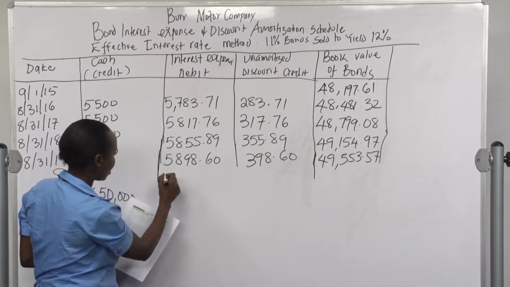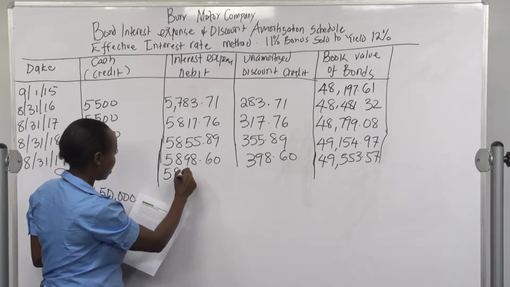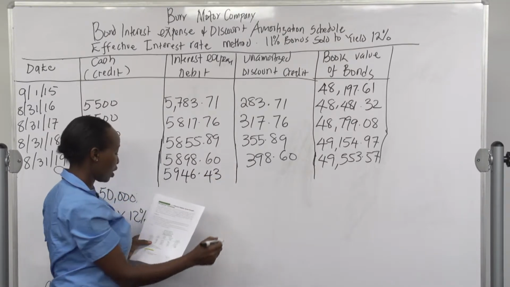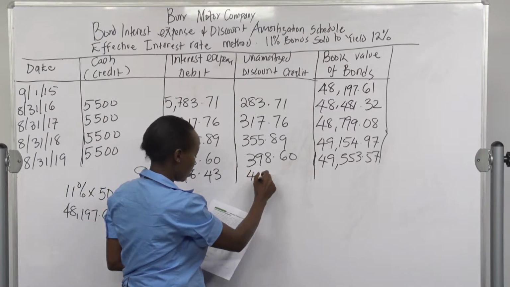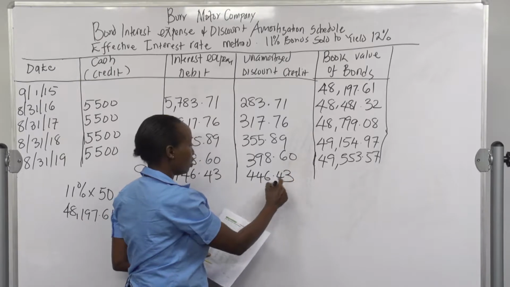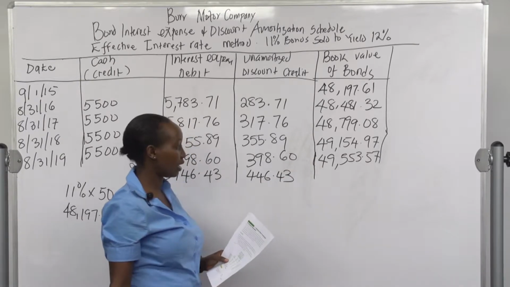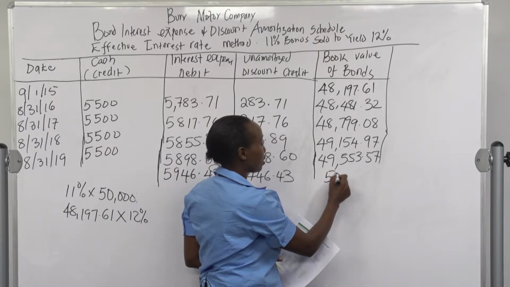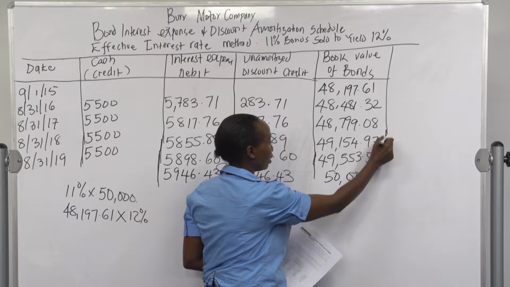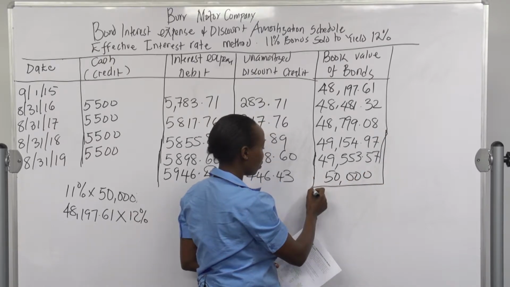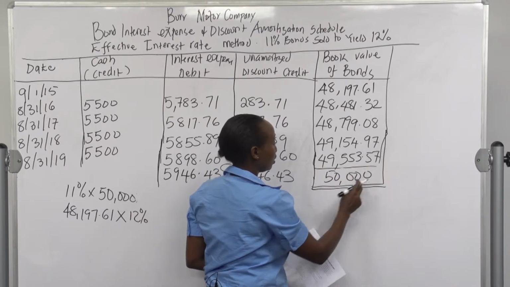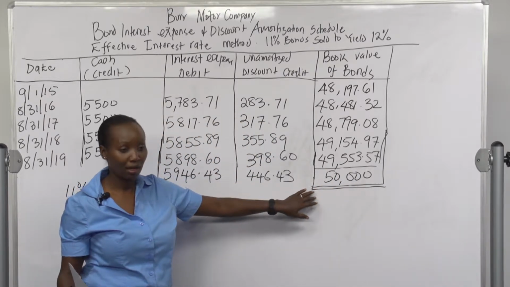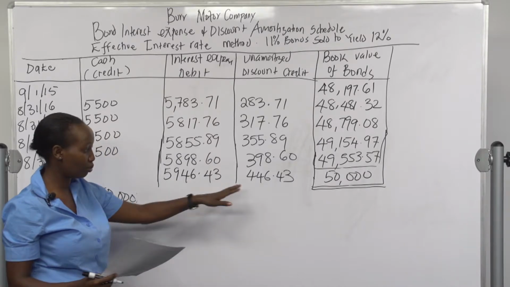My alignments are a little bit off. We have 5,946.43. We subtract, and we have 446.43. We add this to 49,553.57. Now we are at 50,000, which occurs at the end of the bond. This is where we should be, 50,000, and that's when it's maturing, and that's when we pay back the 50,000 from our books.